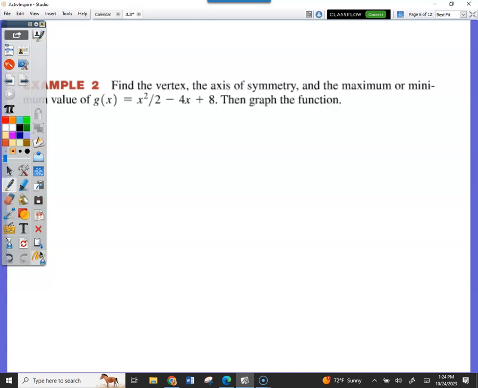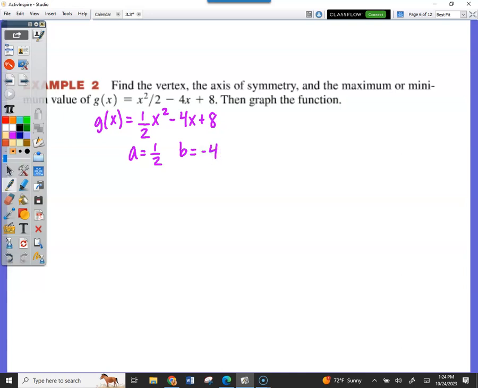All right, it's hard to see this quadratic the way it's written, so I'm going to rewrite it right here underneath. That's 1/2 x squared minus 4x plus 8. Now I can see a is 1/2 and b is negative 4.